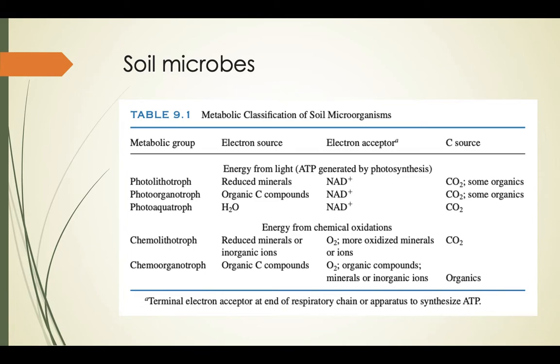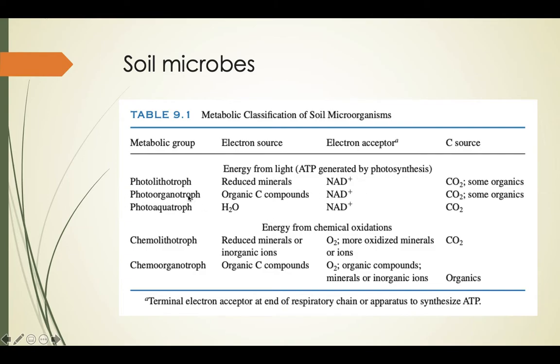Then we also have lithotrophs, in which the electron source used is an inorganic source, and aquatrophs that make use of water as their electron source. Here we can see some representative examples of electron sources.